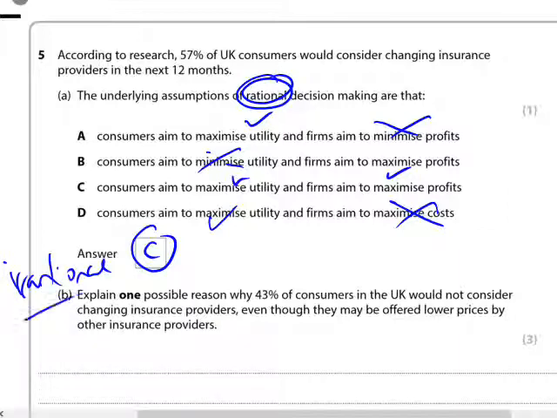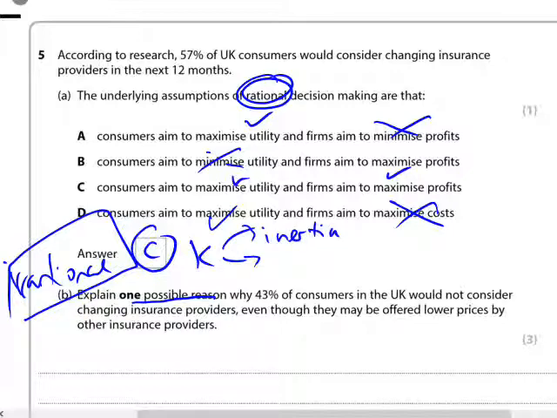So it's behavioural economics, we're looking for irrational reasons. When it says one possible reason, the reason itself is going to give us our K mark. So you have examples like inertia, you have examples like habitual behaviour, and you have examples like computation problems.